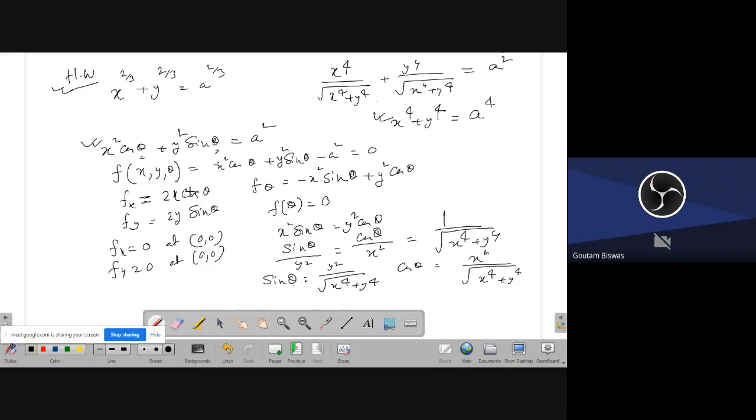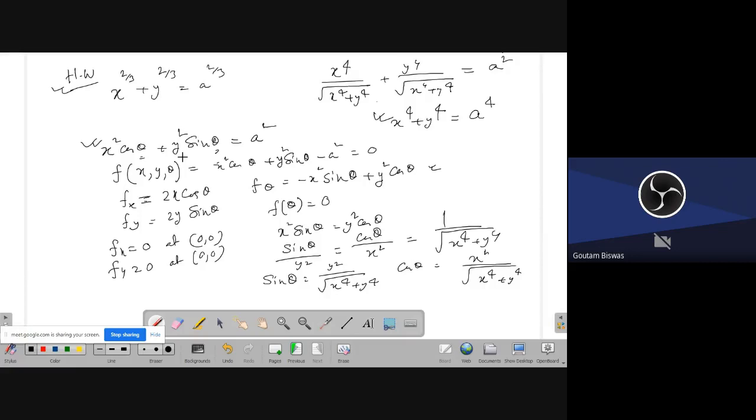But if we do not consider these two points and simply consider this one, you will get this curve also. So our procedure is more or less a general procedure. No need to consider this one. So this is about your envelope.